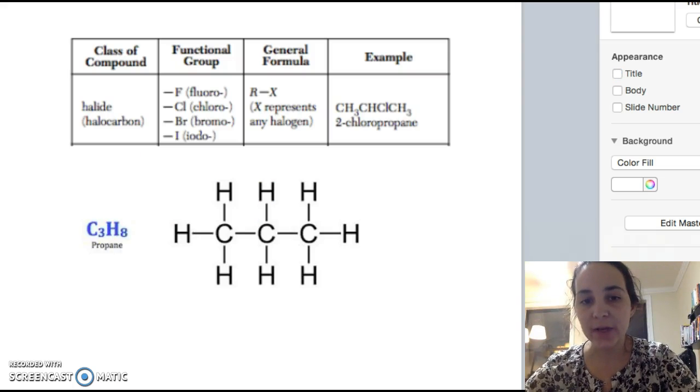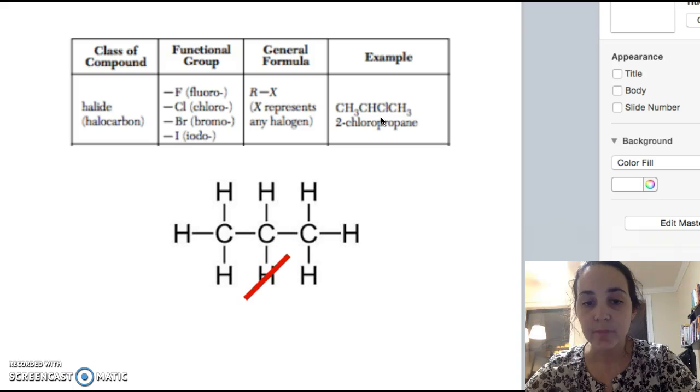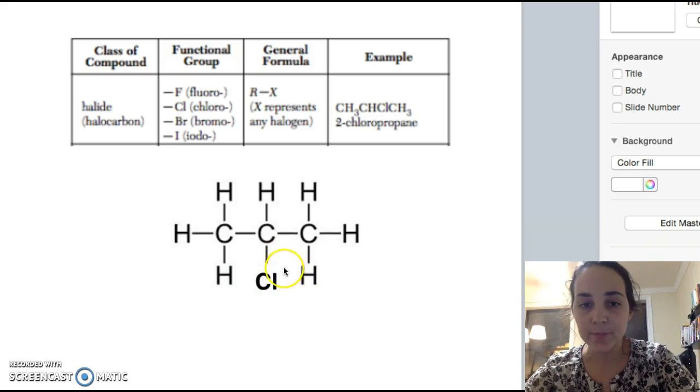Here you can see the compound propane, which is what's given in all of these examples. For this example, we need to add our chlorine. So we take off a hydrogen, and we're adding our chlorine right here.